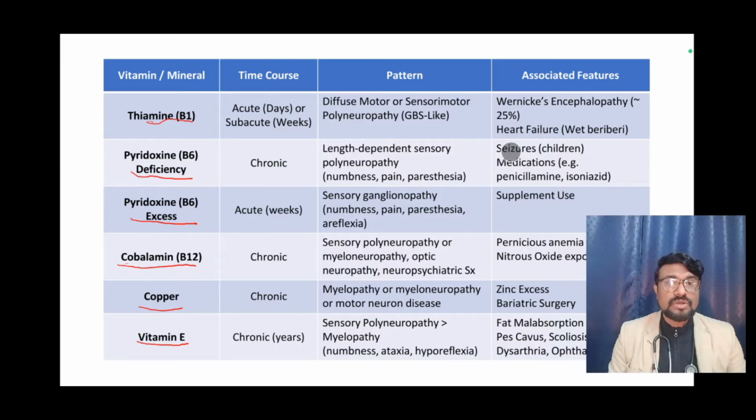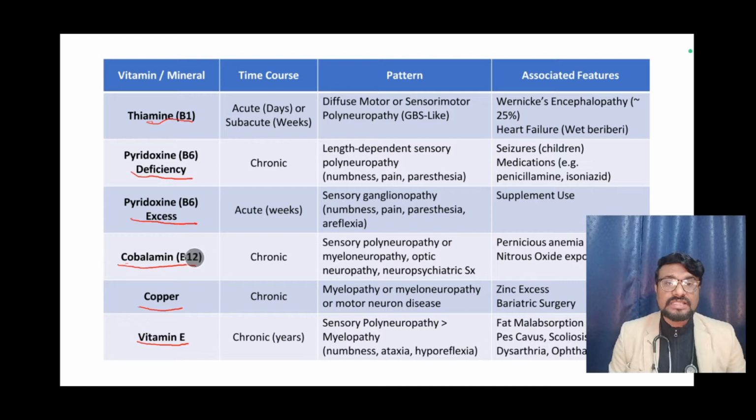These patients can also present with seizures, along with medications that include penicillamine and isoniazid that can lead to pyridoxine deficiency. Pyridoxine excess will lead to sensory ganglionopathies. These patients will present with numbness, pain, and paresthesia along with areflexia.